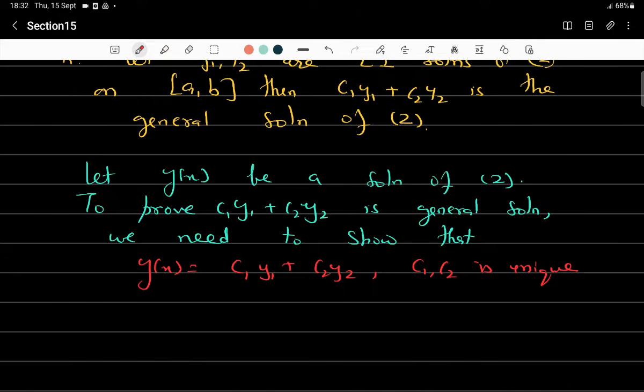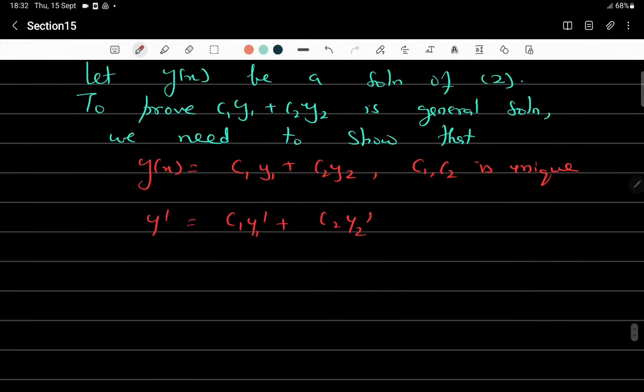To show that C1, C2 must be unique, we have one equation. Let's write down one more equation: y dash is C1 y1 dash plus C2 y2 dash. So it becomes a non-homogeneous linear system of equations, where we are solving for C1, C2.